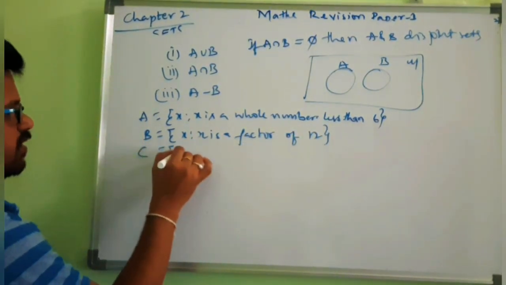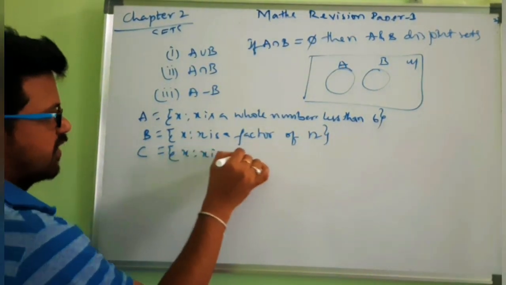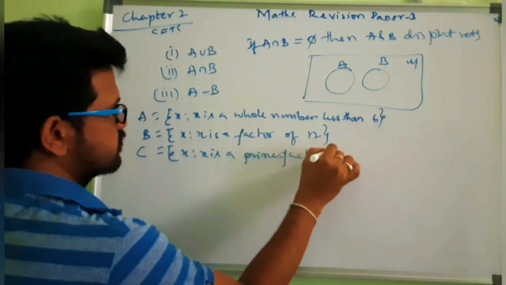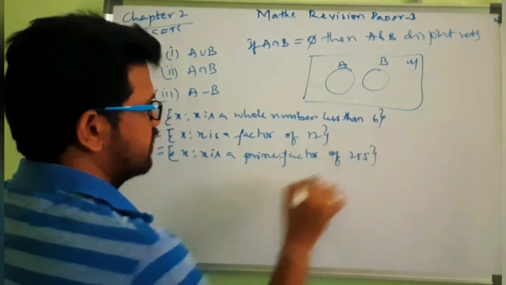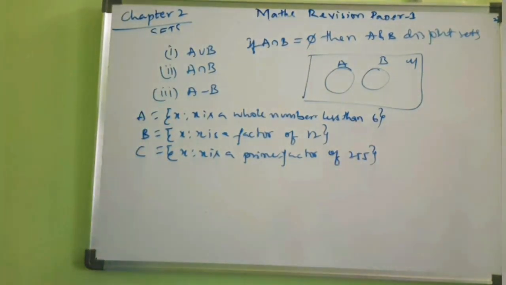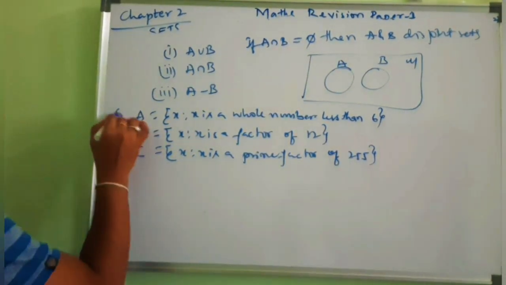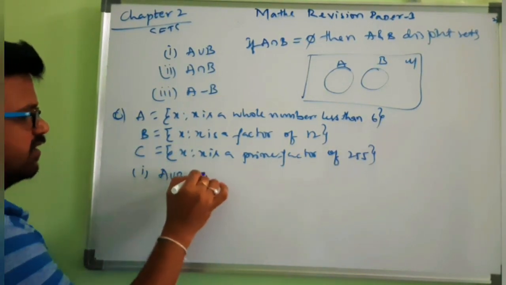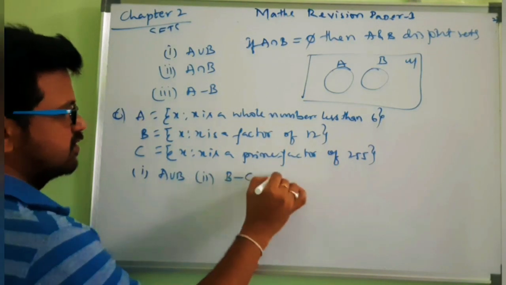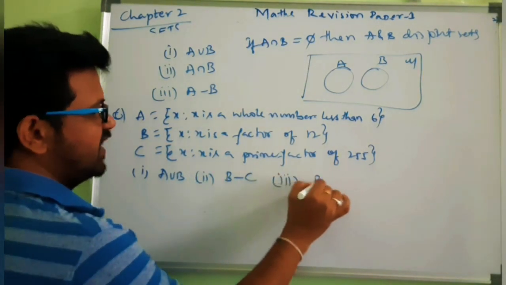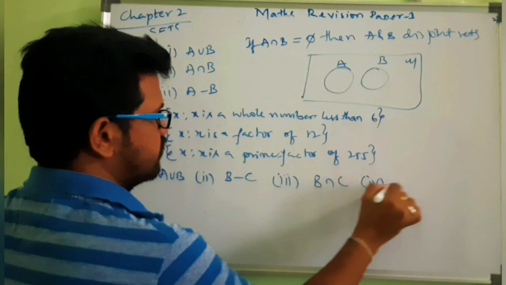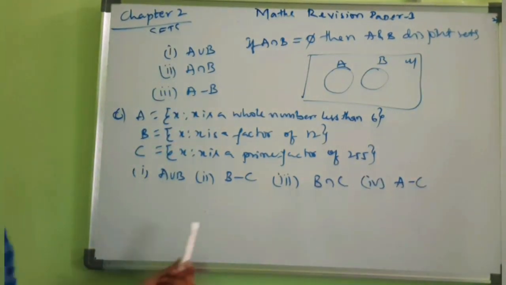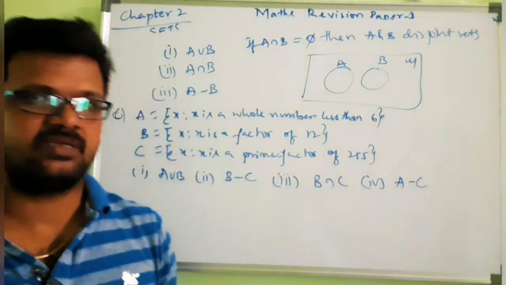C is x such that x is a prime factor of 255. This is the question, and they will give the data like this, and afterwards they will ask: find A union B, B minus C, third one B intersection C, and fourth one A minus C. Okay, 4 marks question. This is the second chapter, sets.